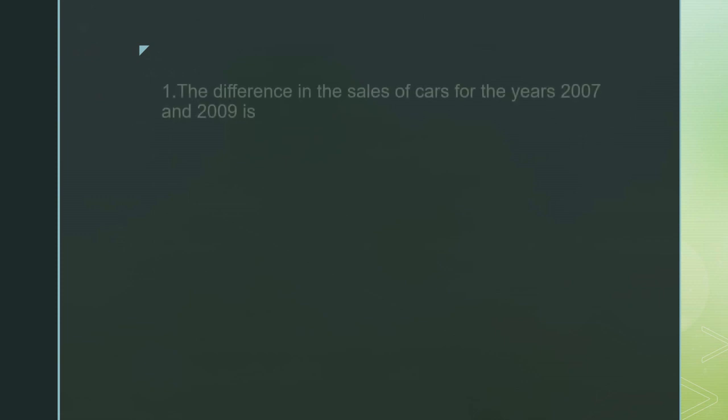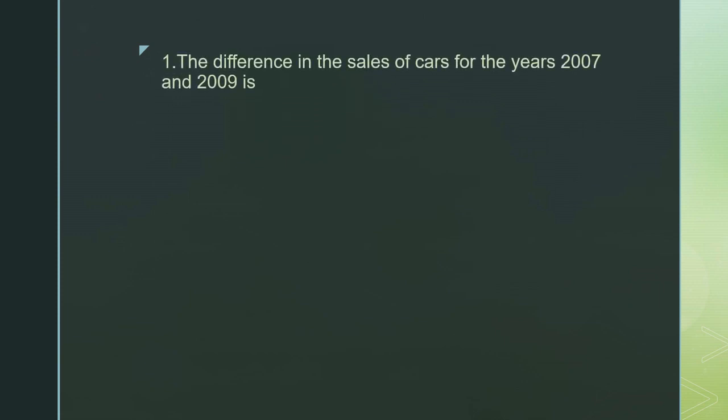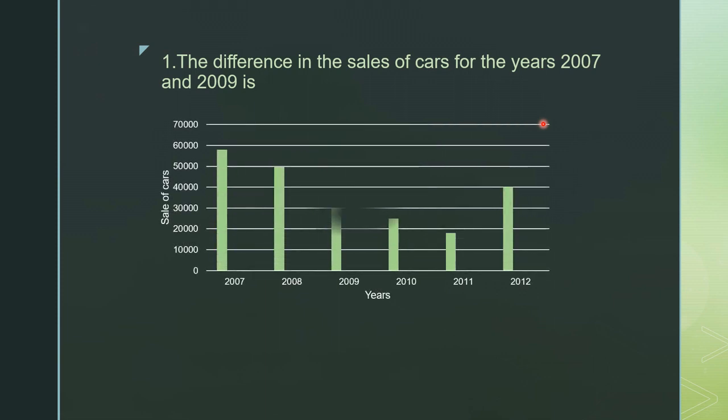First question is the difference in the sales of cars for the year 2007 and 2009. This is the bar graph. We already saw this graph.